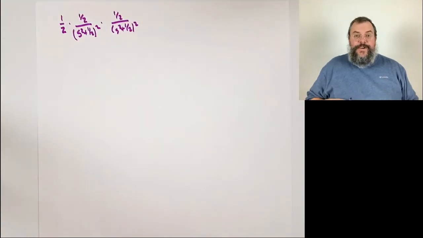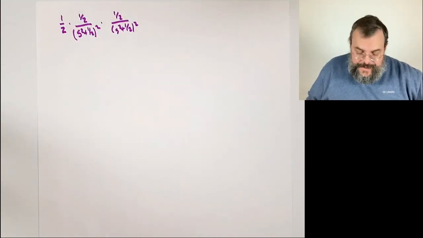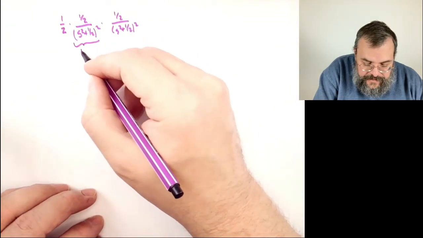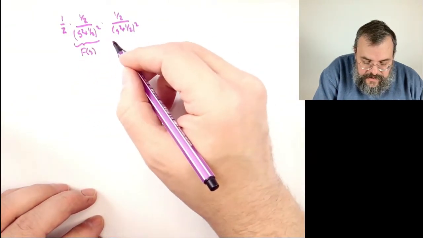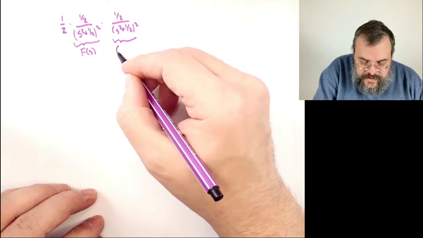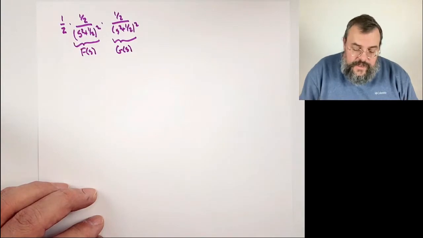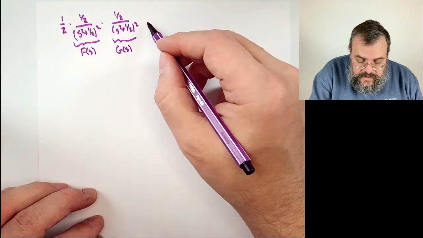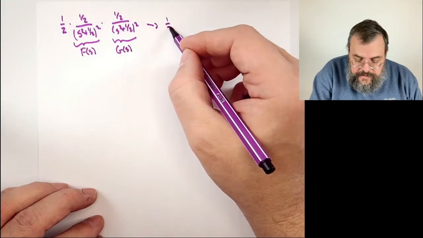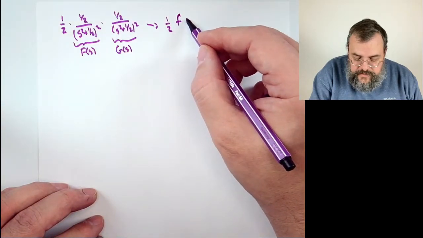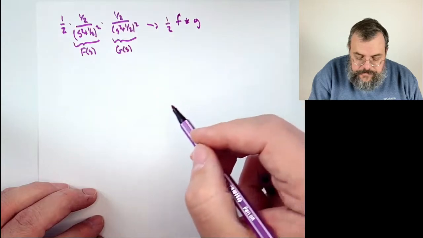Okay, so time for us to jump down our rabbit hole. This is our f of s. This is our g of s. And so, according to this, we'll go to 1/2 of f star g.